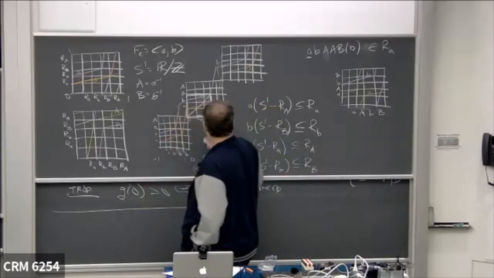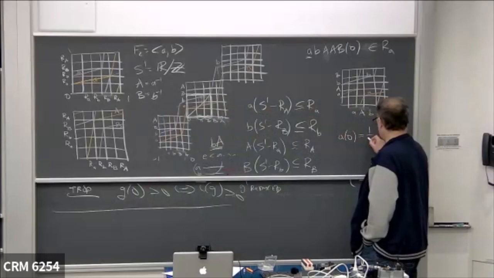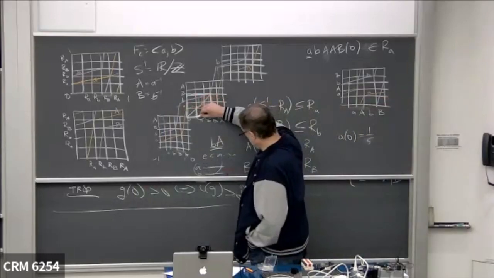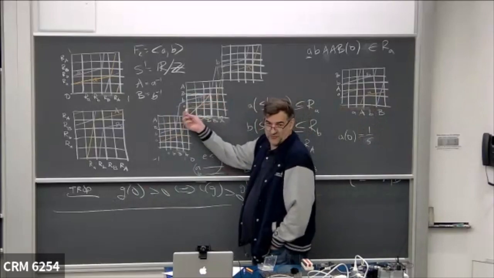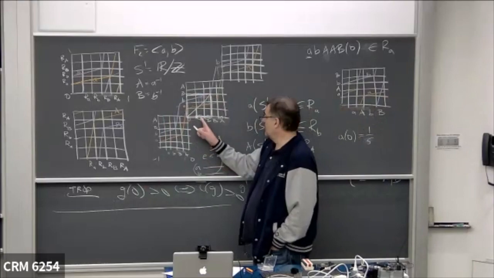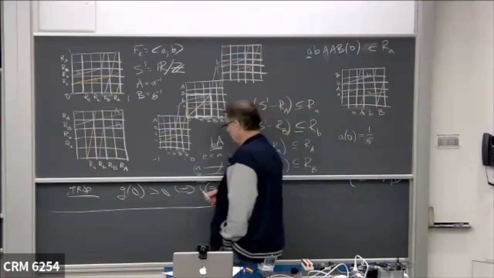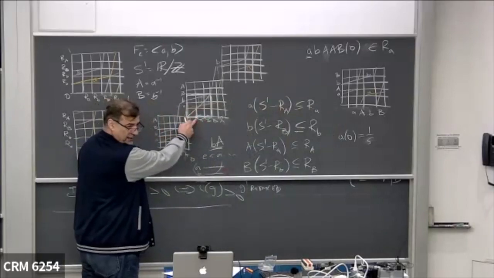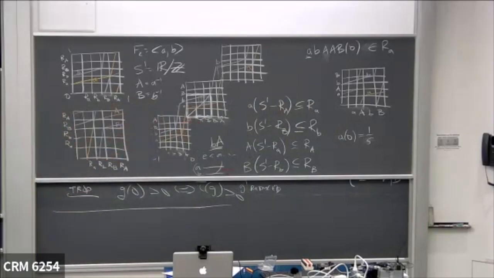Well, A applied to 0 is, I guess, 1/4. No, 1/5. You end up right there. Nobody can move further to the left from that point and stay positive. And remember, the action is free, so that's the only guy that can get there. There's no other element that can land in the same place. That's it. So you have a discrete order.